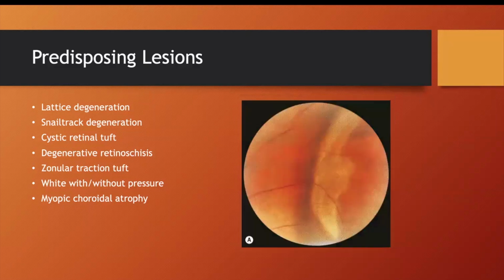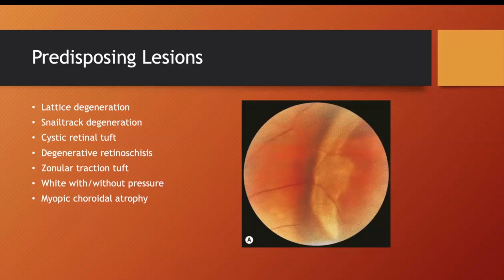Then, when it comes to white with or without pressure, this is a term that you may have come across. It describes an appearance of the retina that is either seen with indentation or with no need to indent. It will be a discrete area in the peripheral retina that is quite white compared to the rest of the retina, and it signals an area of vitreous which is much more bound to the retina underneath it, which is why there's a bit more traction.